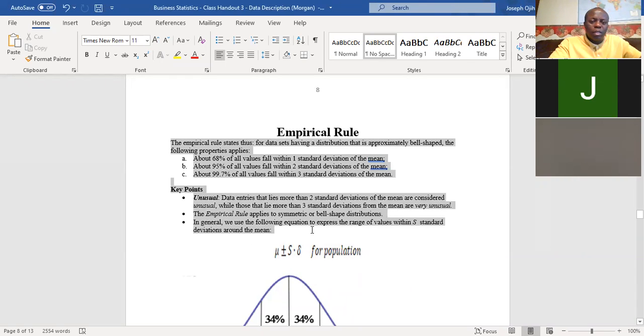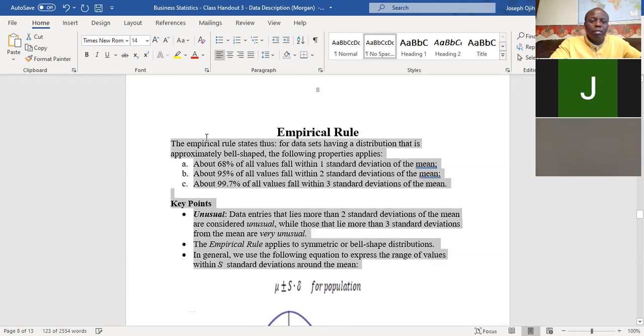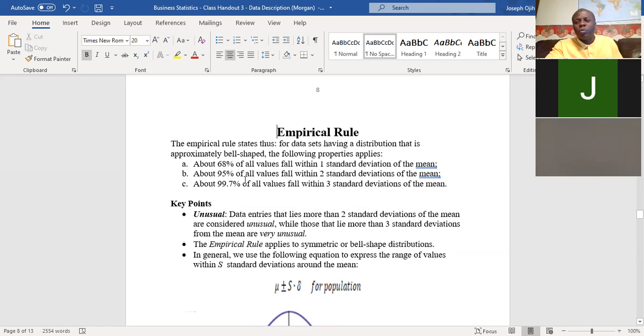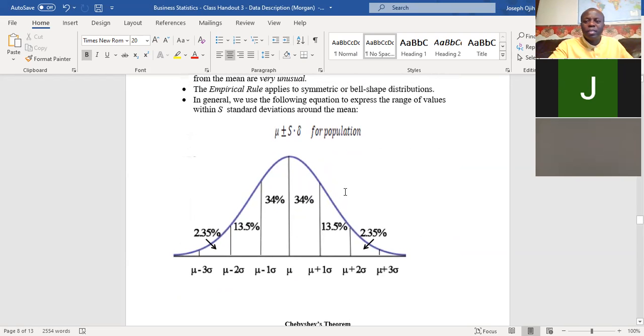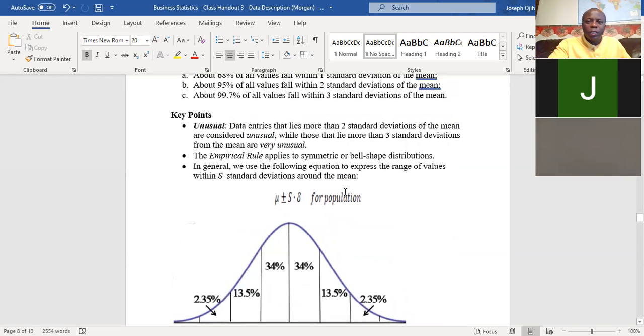The empirical rule is a rule that we use for a distribution that is normal. I think I explained a little bit what I mean by normality at the beginning of this class when I gave you the chart that looks like this, normal. And I'll give you an example of what I mean when we say things are normal. For example, what we call the normal systolic blood pressure.